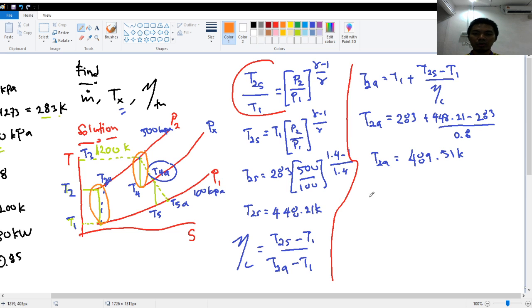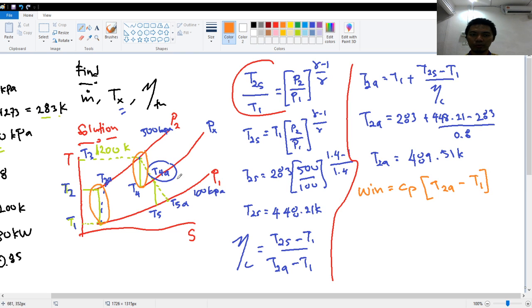Okay, we know that work in for a compressor is Cp times the bigger temperature minus the smaller temperature.